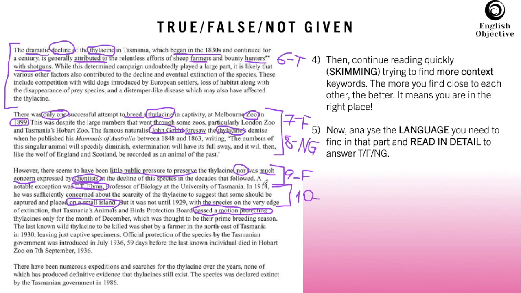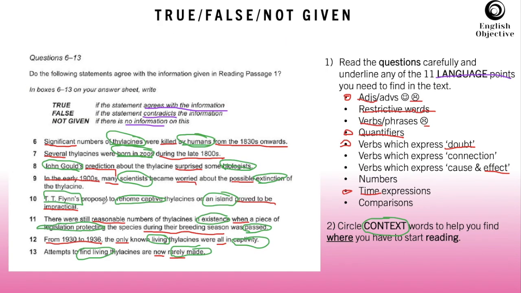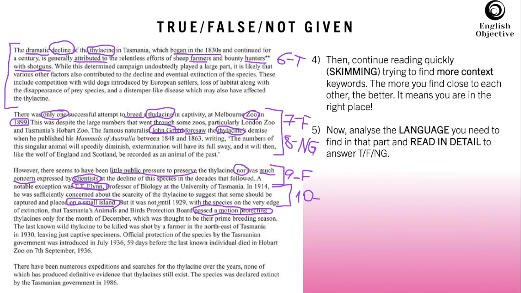Flynn, in 1914, he was sufficiently concerned about the scarcity of the thylacine to suggest that some should be captured and placed on a small island. Okay. Nothing about proving to be impractical, you see. So he wants to rehome, yeah, captured and placed, rehome the thylacine, the animal.